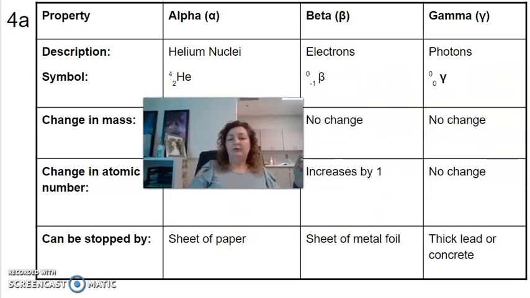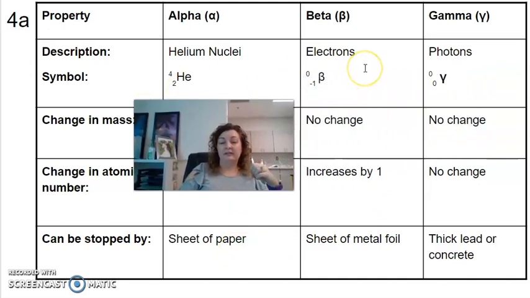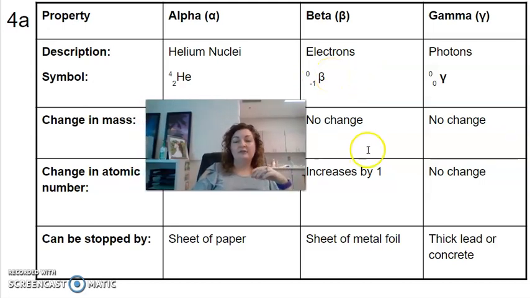So let's go ahead and move on to beta. Beta, as I said, is an electron. We do have the symbol B for beta, and the numbering, the superscript, is going to be 0 because there's no mass to an electron. That's worth noting, right? So we're just going to call it 0. And then the bottom number, instead of the number of protons, this is going to be based on the change in atomic number.